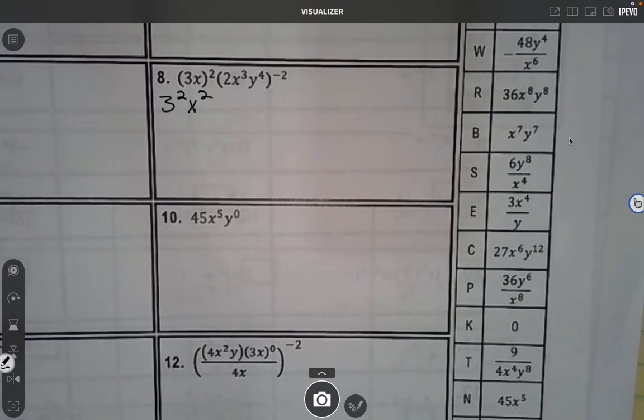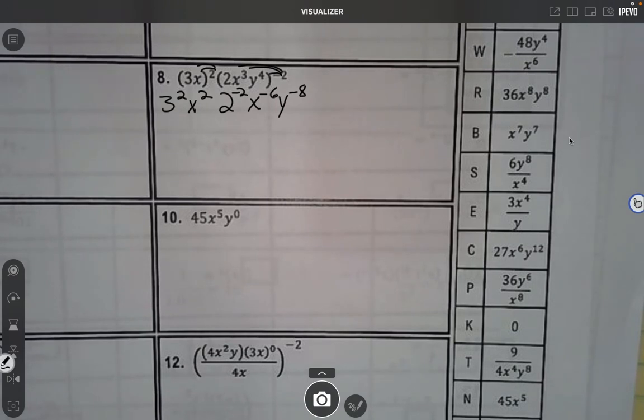Raise everything to the negative 2. So it's 2 to the negative 2. X to the what? Negative 6. Y to the negative 8. All I did was I raised all these things to the negative 2. 4 times negative 2. You multiply. Then what do I do? I add exponents, right?